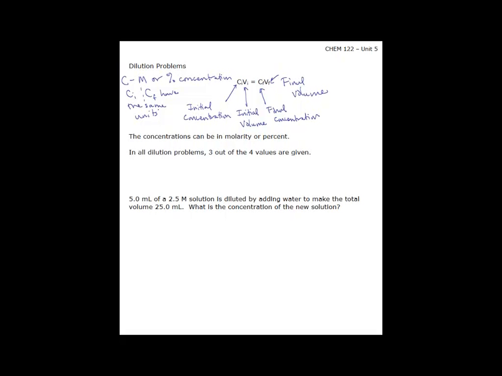Remember the orange juice example. Which is more concentrated? The orange juice in the can or the orange juice in the pitcher? The orange juice in the can is more concentrated.